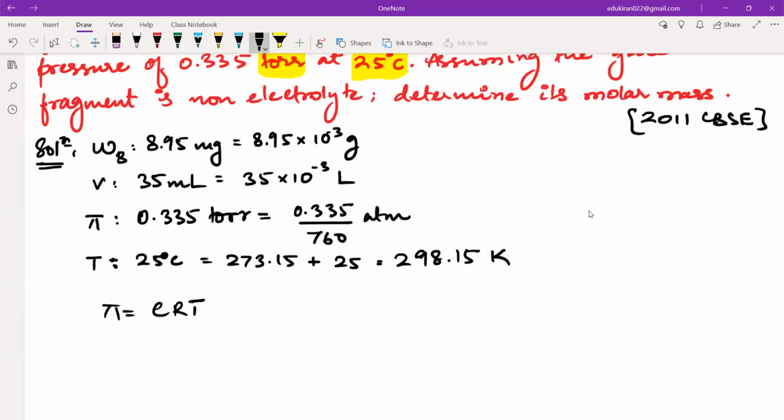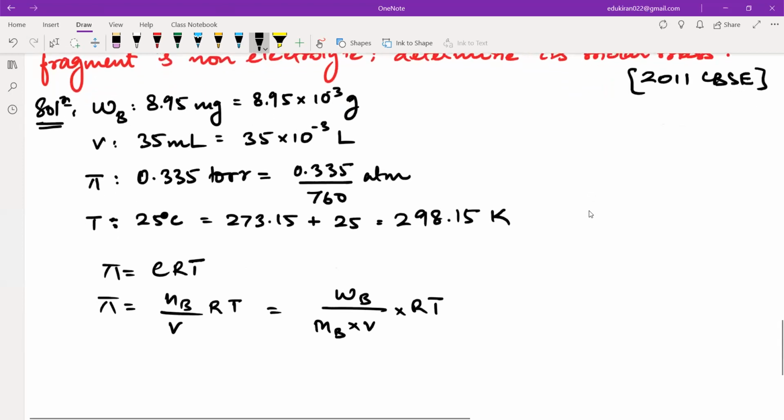Then write pi is equal to number of moles of solute divided by volume into R into T. This will be equal to the given mass of solute divided by the molar mass of solute into the volume, into R into T. And then MB will be equal to WB into RT upon pi into volume. Please plug in the values, calculate and send the answer in chat.